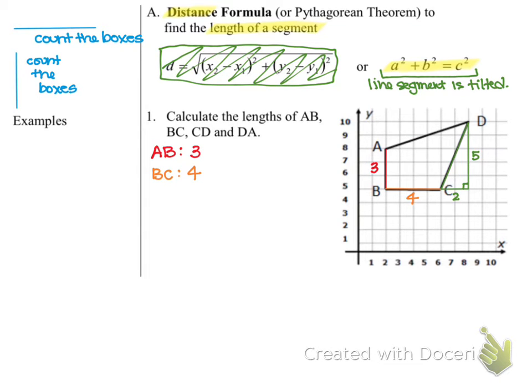So I'm going to take that green triangle over here to be able to do CD. So on CD, I'm going to have this green triangle that we just did. I know that it's got 2 across the bottom, and I know up the side is going to be 5.